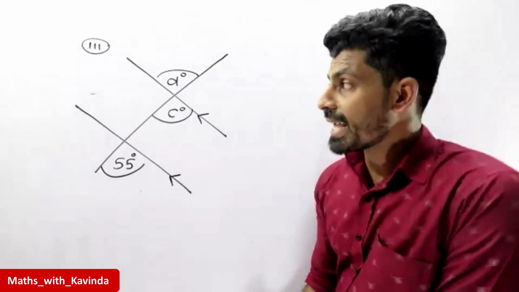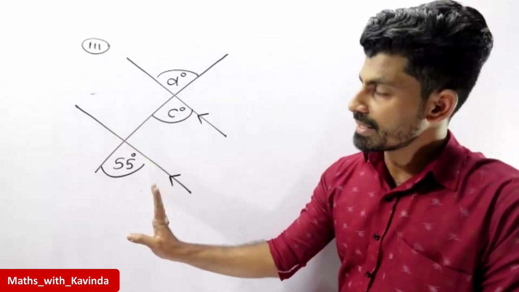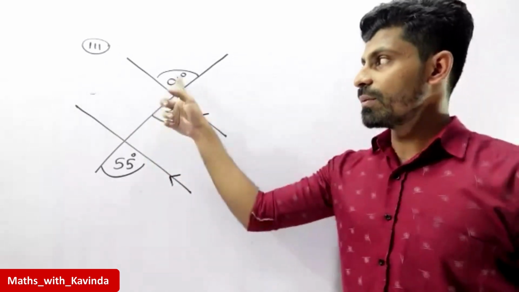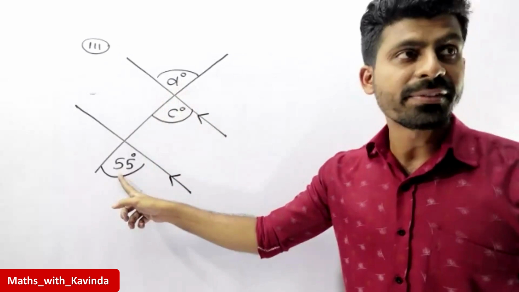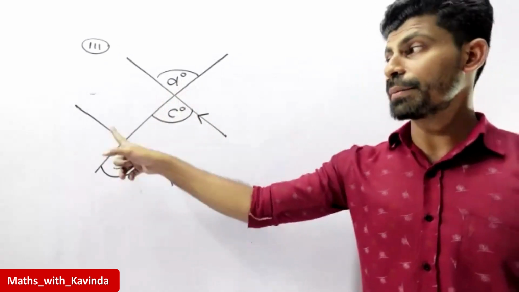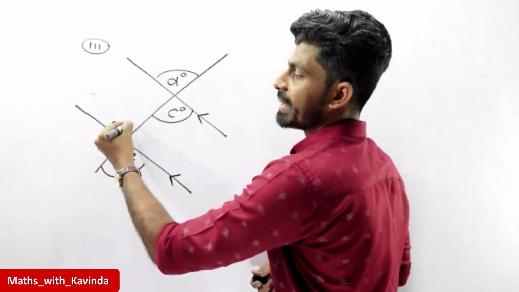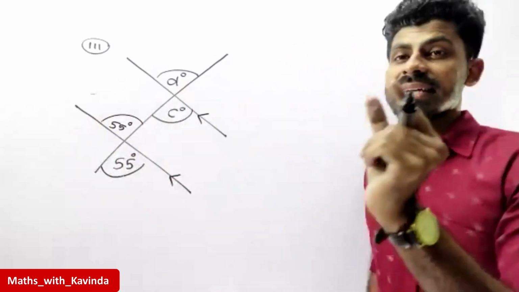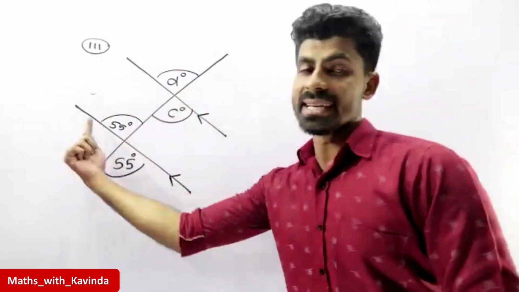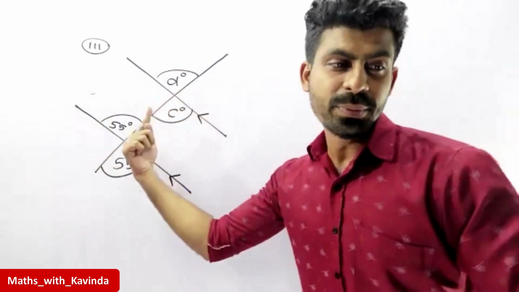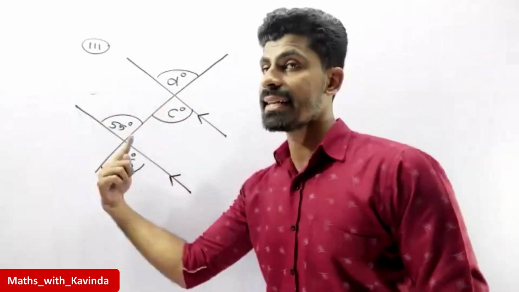Look at the third question. Vertically opposite angles are equal. 55 means this one also 55. Why? Vertically opposite angles are equal. Now look at this one. It's a corresponding angle.